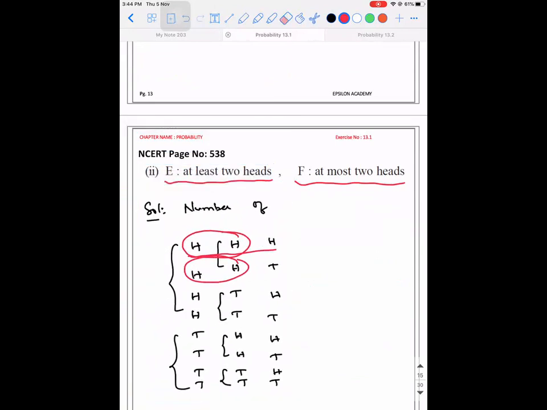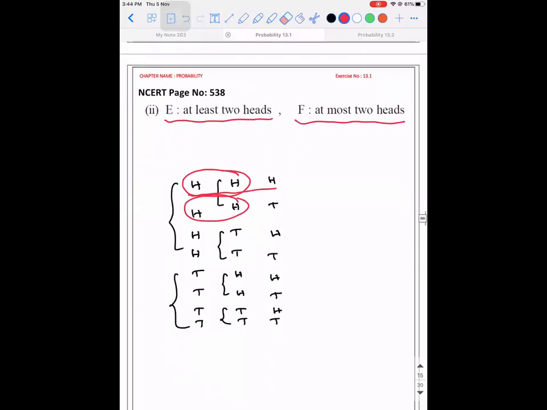So at least 2 heads means what are they? 2 or more heads. That's right. So how many are there? For event E, what will be the number of elements? At least 2 heads. Triple H, how will you write? H comma H comma H. H comma H comma T.